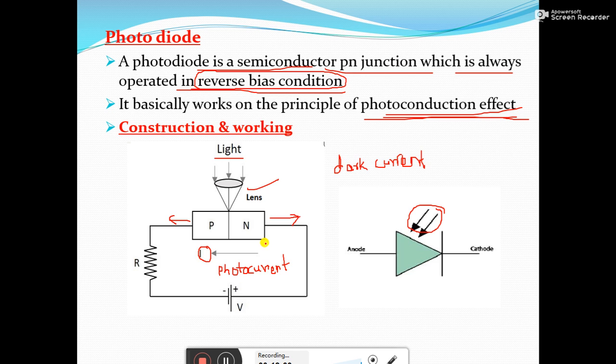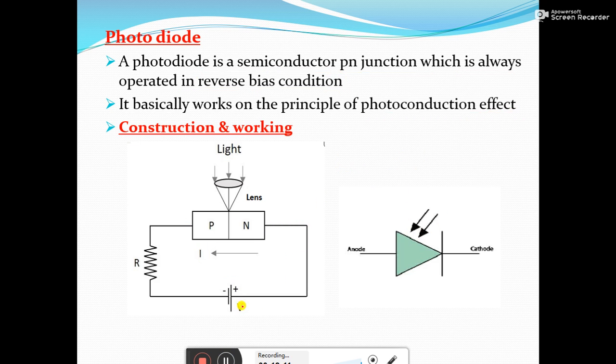Now the question arises, why is this diode not forward biased? Let me erase all this. Let's say P is connected to the positive potential of the battery source and N is connected to the negative potential of the battery source.